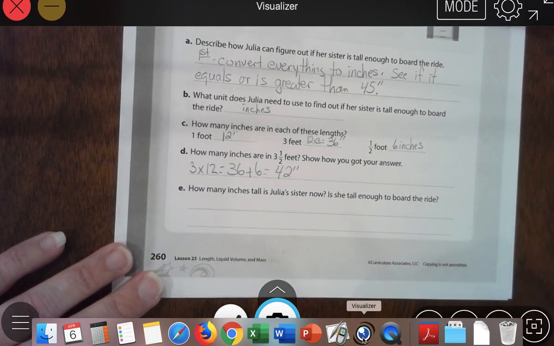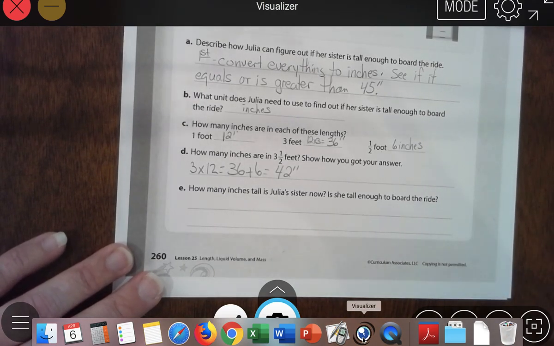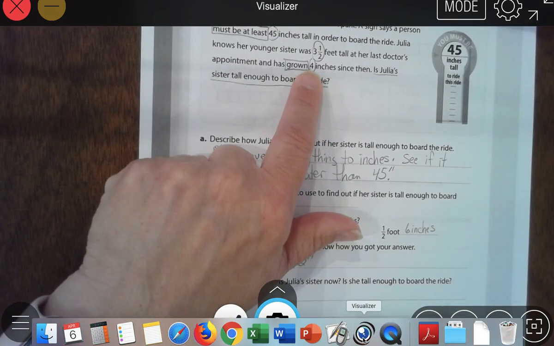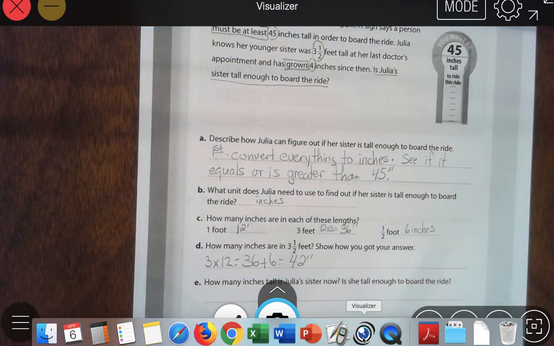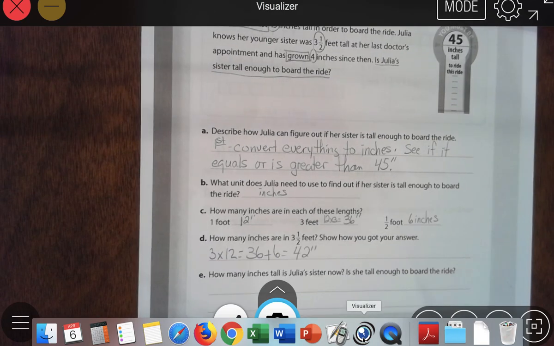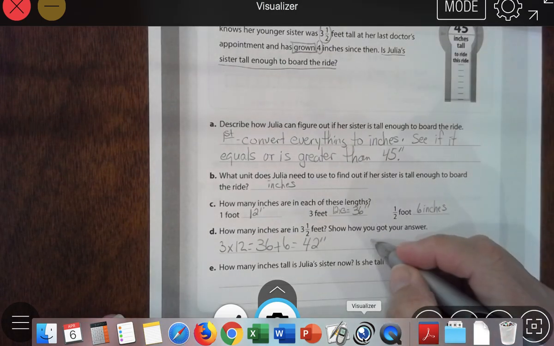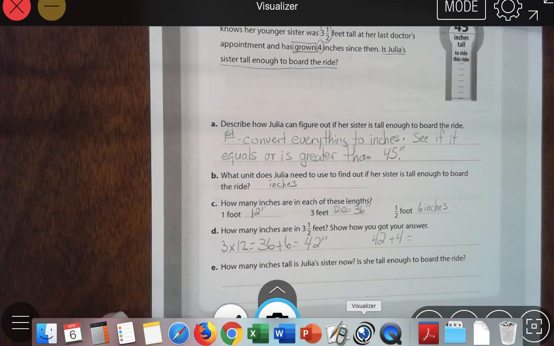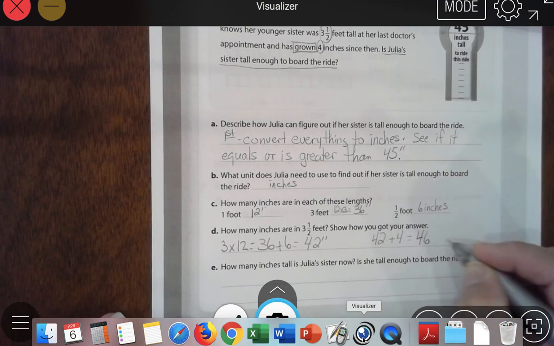Okay. Now, is she tall enough? Well, we've got to go back up to our word problem and realize that we said that she has grown 4 inches since her last doctor's appointment. So what do you think we're going to do with those 4 inches? If she's grown, we're going to add that. So we're going to say 42 plus 4, and that is how many inches? 46 inches.